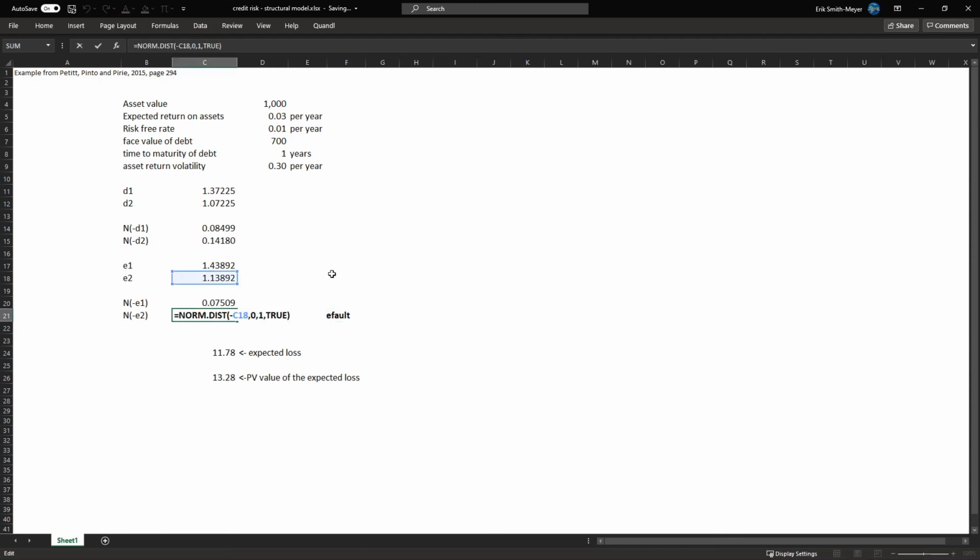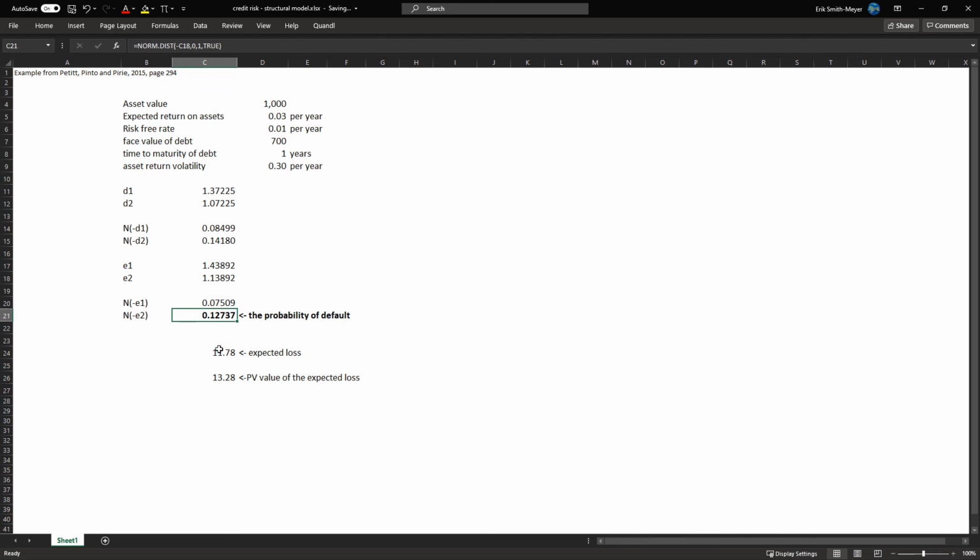This is calculated as the norm.dist of negative 1.138, and these are the parameters to get the standard cumulative normal distribution, 0 mean and 1 standard deviation. And here you get a probability of default of 12.7%.